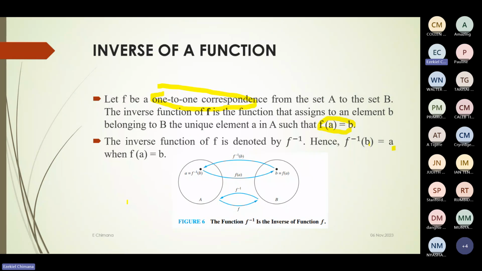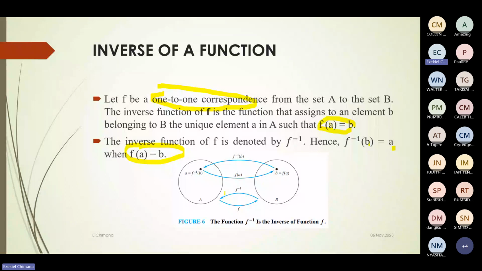Remember, we've said a function is also a relation, so the inverse of a relation is just the same as the inverse of a function. So the inverse of f, whenever you put b, you must get an a, just like that.